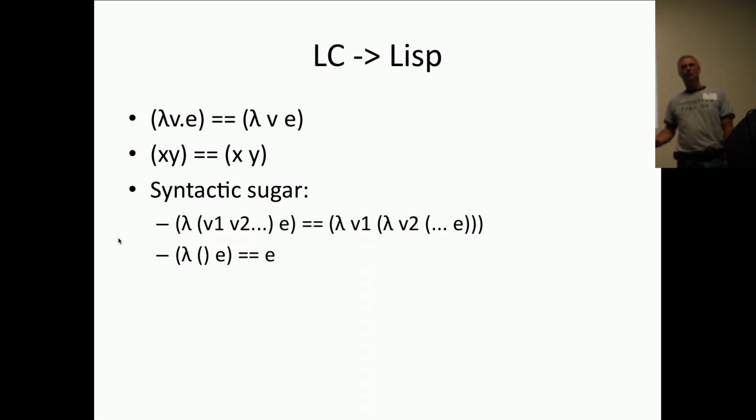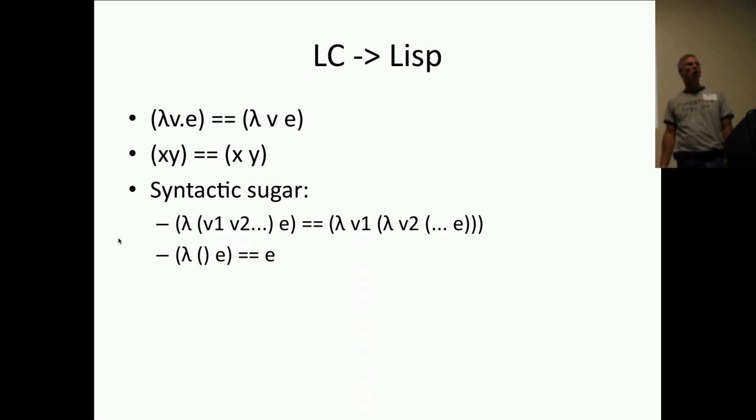But in order to make things less annoying notationally, functions of multiple arguments are just going to get curried. A function of multiple arguments is just a macro that expands out into nested functions of single arguments. And by extension, a function of no arguments just returns its value.